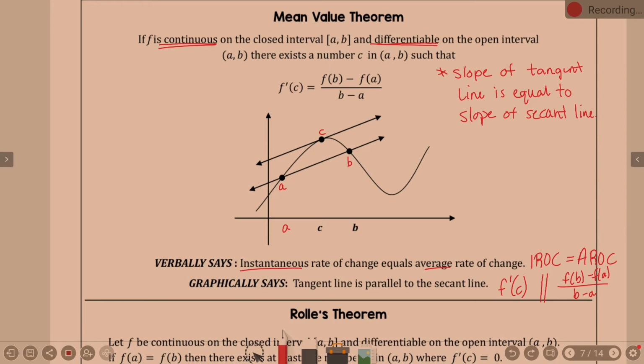Anytime, whether it's like this or like that, I don't care what kind of endpoints I have there, that's discontinuous. There is a break. It is physically not connected. Okay.